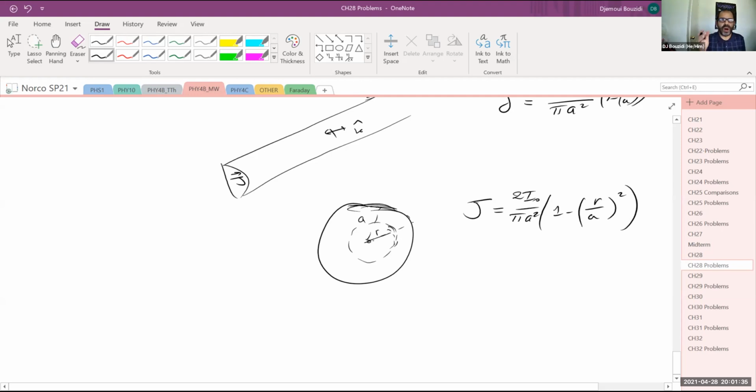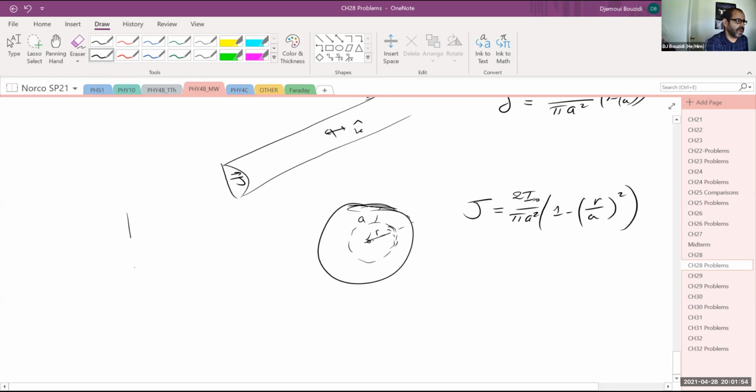So it depends on how far you are. If r is equal to 0, it's 2I naught divided by pi a squared in the middle. And as r starts to increase, it drops quadratically. When r is equal to a, this becomes 0. So the current starts from some value and drops to 0 in a quadratic fashion, that's all.